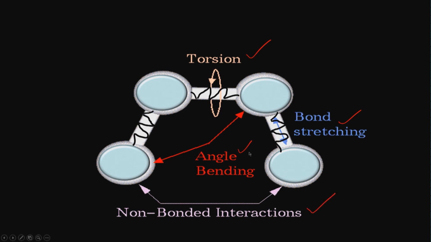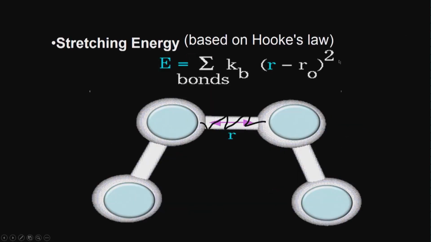That means look at these 2 atoms, they are not connected, but there could be some interaction between them because of electrostatic forces, van der Waals forces, or even hydrogen bond formation if the atoms are favorable. So they are called non-bonded interaction. You have energy terms for each one of them, you add up and then you get the total energy of this particular molecule.